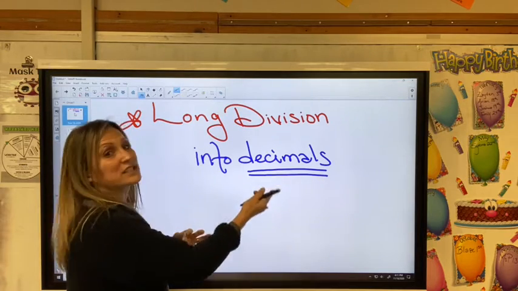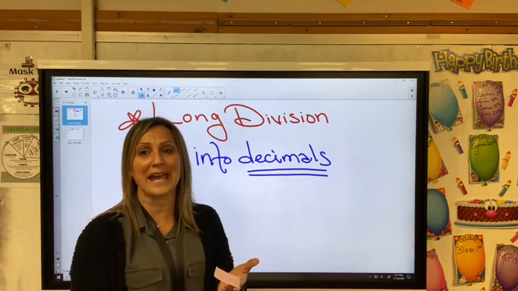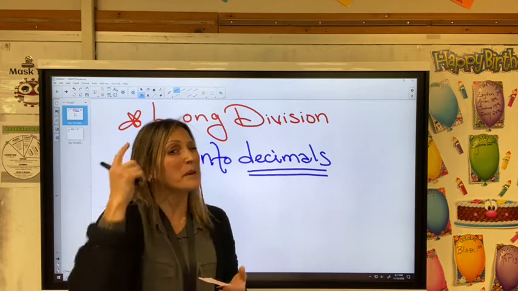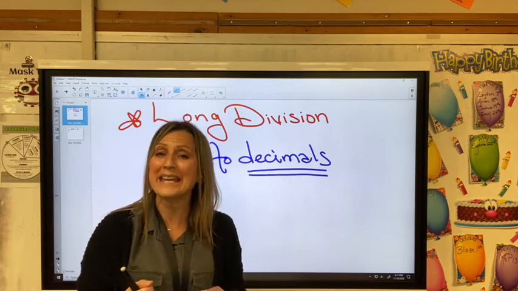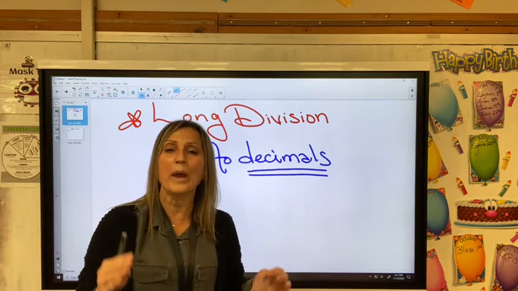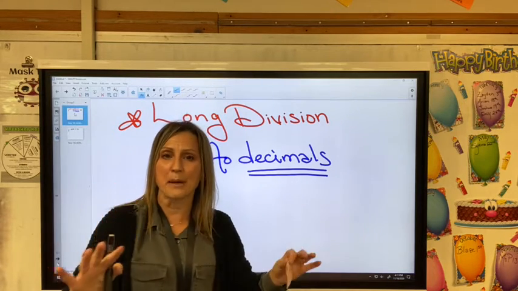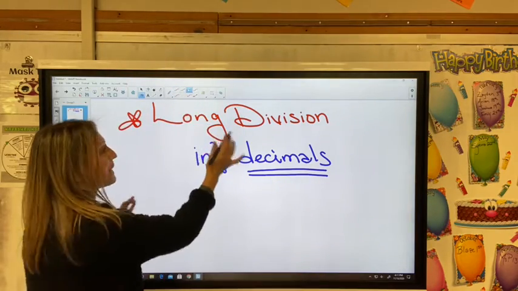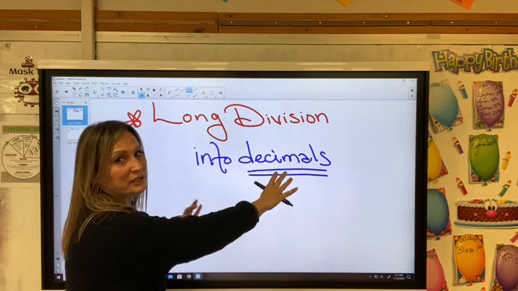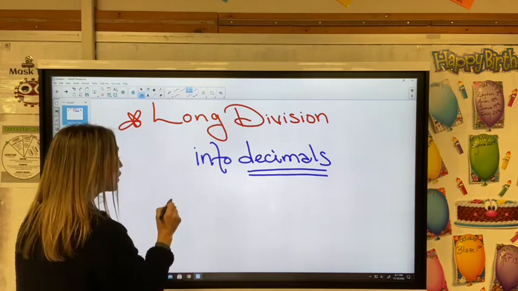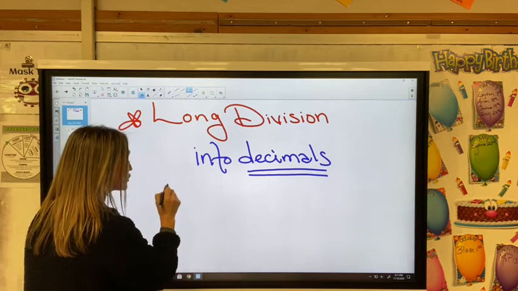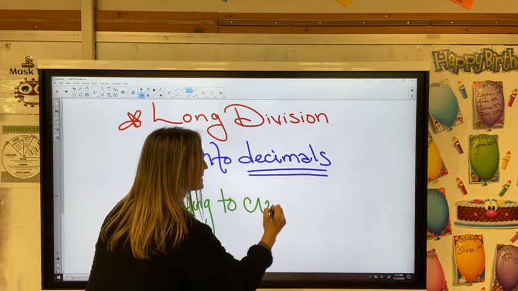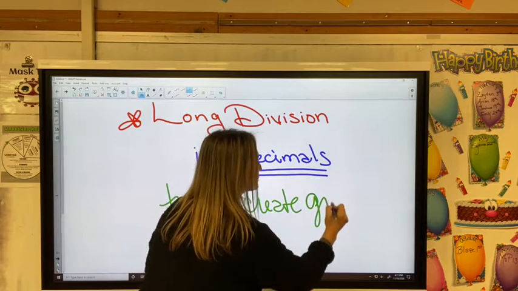It's going to lead us into decimals, but I thought first today it'd be a good idea for me just to go back and revisit and maybe revise your thinking on what is it that we do when we actually divide numbers in a problem. So I want you to remember that first, when we're thinking about long division or even division with decimals, we are trying, ladies and gentlemen, we are trying to create groups.